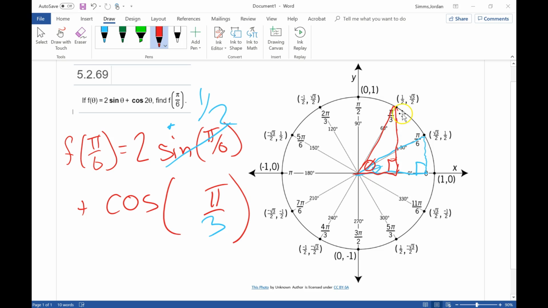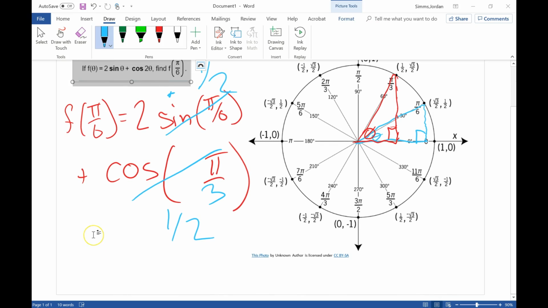The horizontal component, which is 1/2. So from here to here is 1/2. And again, if you want to geek out more about the unit circle, we have to get into like 30, 60, 90 triangles and all the special angles and all that stuff. But for right now, basically the cosine of pi over 3 is 1/2. So I can wipe that out and I'll just replace that with 1/2. All right? So now life's pretty good.